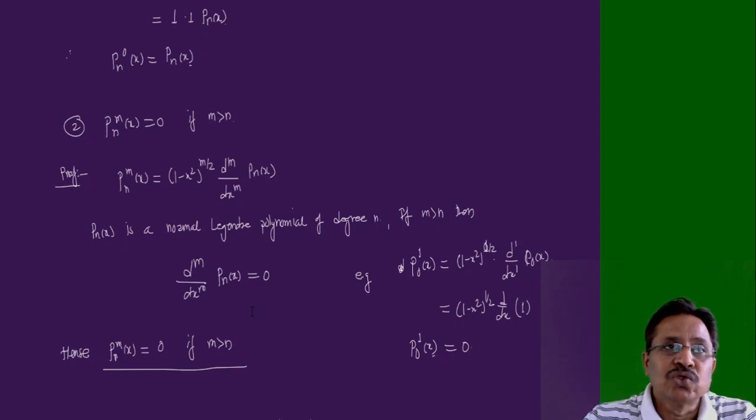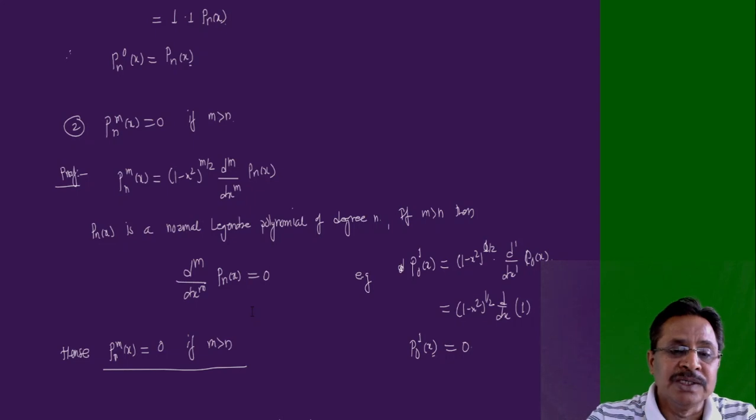We take values of L equal to 0 up to n minus 1, and for every L we have m values equal to minus L to plus L. So these restrictions upon the quantum numbers come from the mathematical conditions which we have seen here on this associated Legendre polynomial.